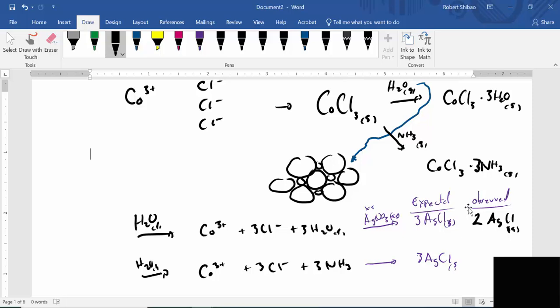Well, this is a reproducible pattern. Because if we take the ammonia analog, you know how many silver chlorides precipitated? 2. Only 2. So we got a pattern there. And then, oh, this is wrong. Shoot.